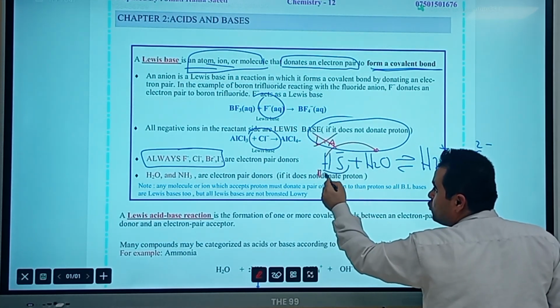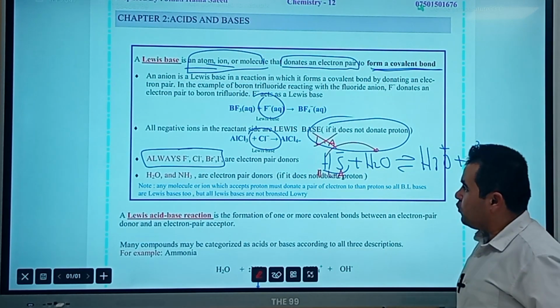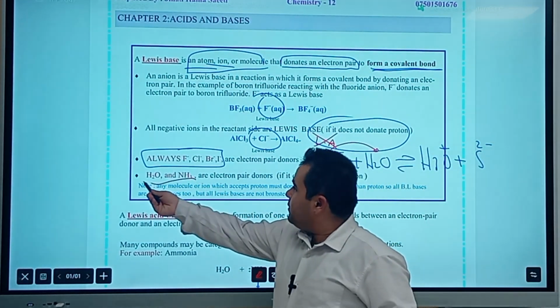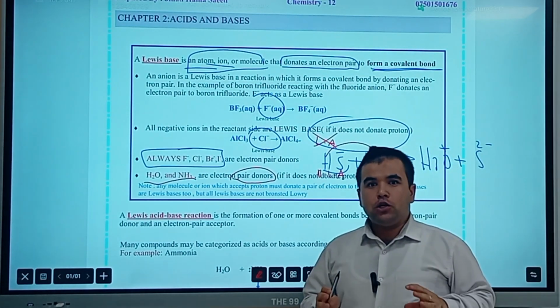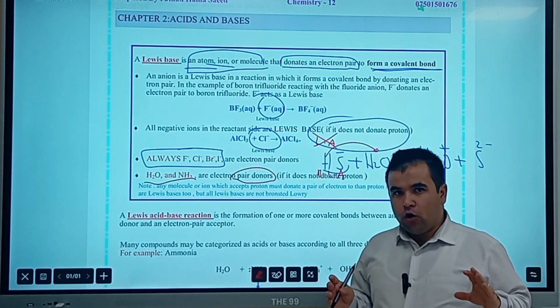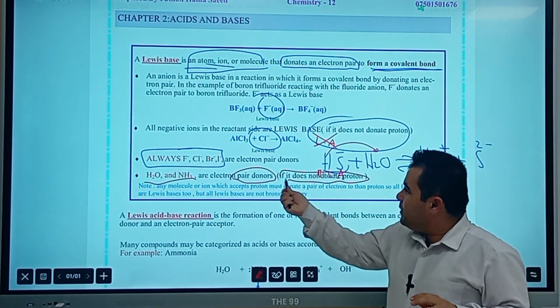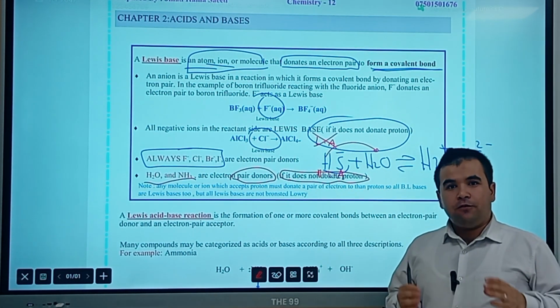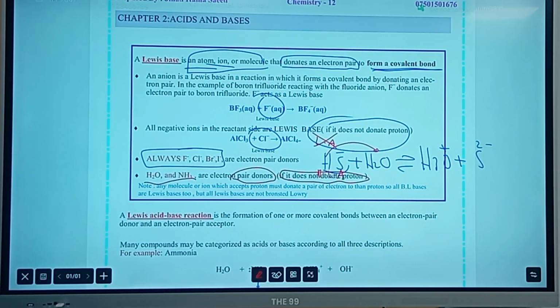It's only a Bronsted-Lowry acid. That's the note we have to know. H2O and ammonia can be proton donors. So according to Lewis, H2O is a Lewis base only. But when they donate protons, they cannot be treated under Lewis's definition.